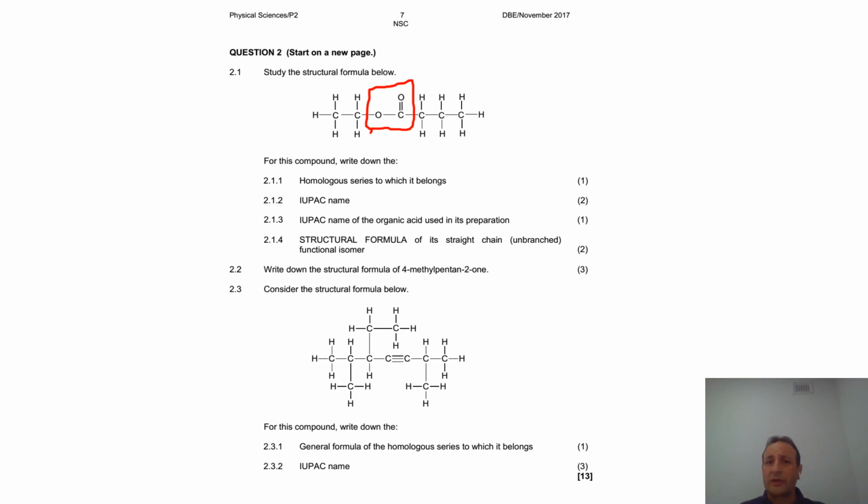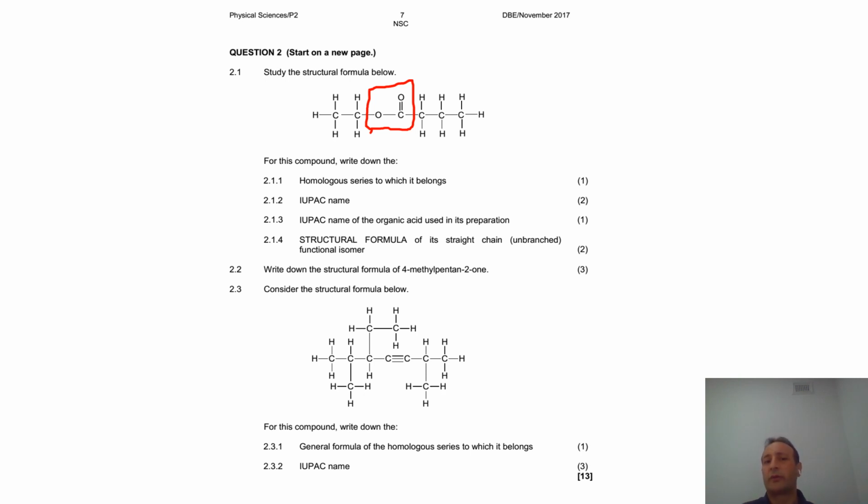Such groups belong to esters and carboxylic acids. To be a carboxylic acid, there must be a hydrogen atom bonded to this oxygen atom. But as there is no hydrogen atom, rather a carbon atom attached to this oxygen atom with a single bond, we call this an ester rather than a carboxylic acid.